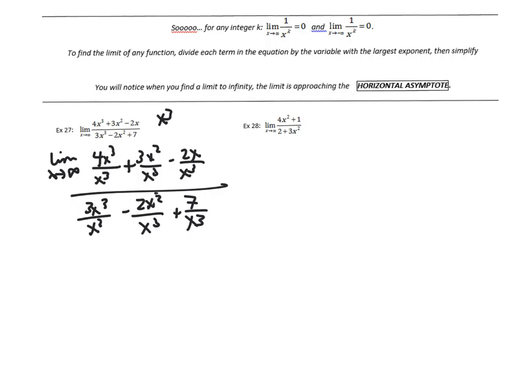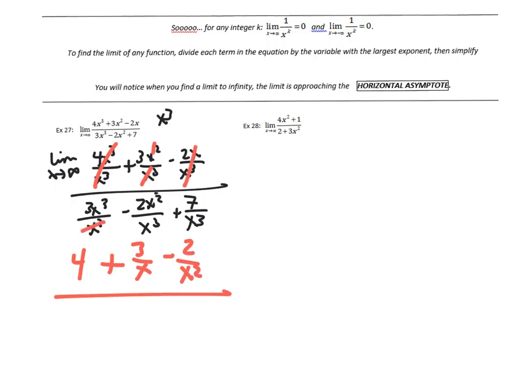Okay. So your 4 over x cubed basically just gives you 4 plus, this is 3 over x. This is minus 2 over x squared. And then this is 3 minus 2 over x plus 7 over x cubed.